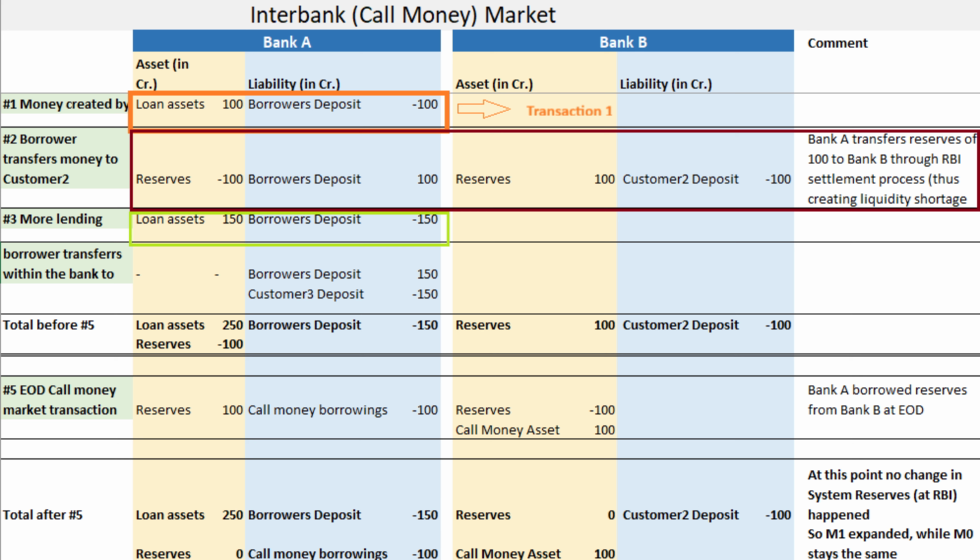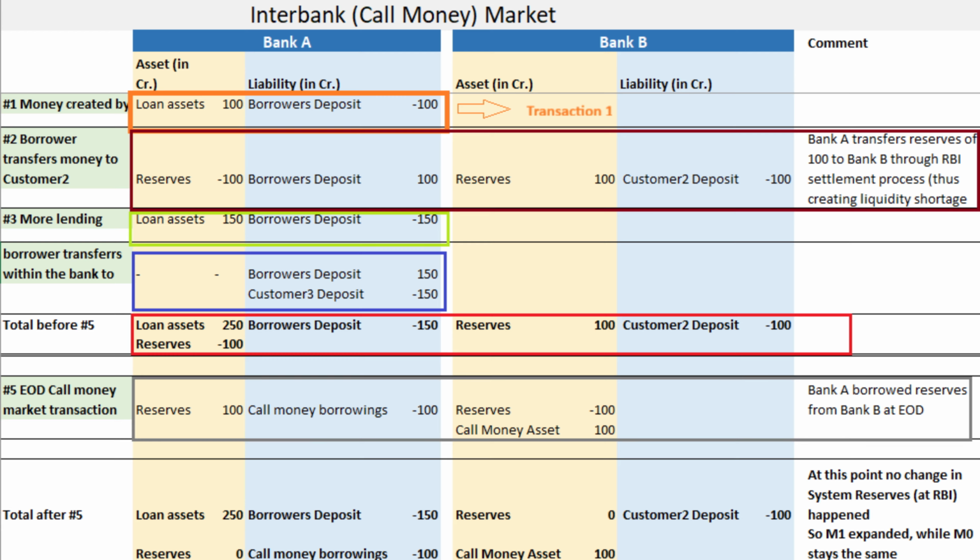This time, if we assume that the transfer from the depositor has happened to another customer within the same Bank A, the change will happen only within the liability side of the balance sheet of Bank A. At this point, for Bank A, total deposit liability is 150 crores, loan assets is 250 crores, and there's a reserve shortfall of 100 crores. Whereas for Bank B, there's a reserve surplus of 100 crores against which it doesn't have a loan given.